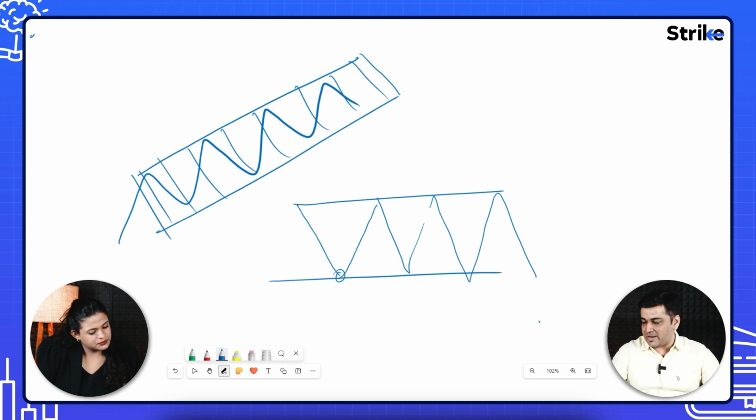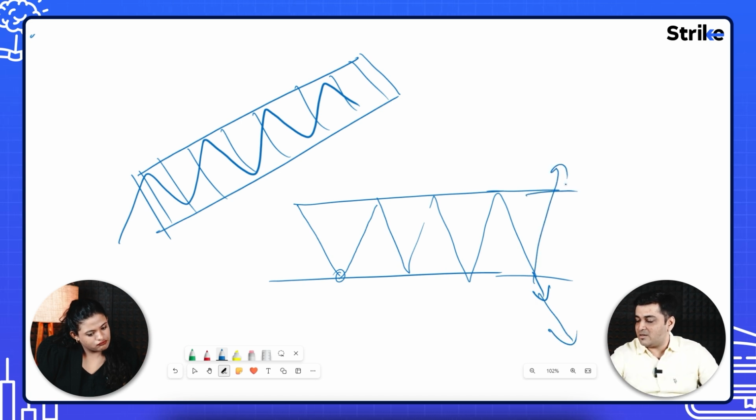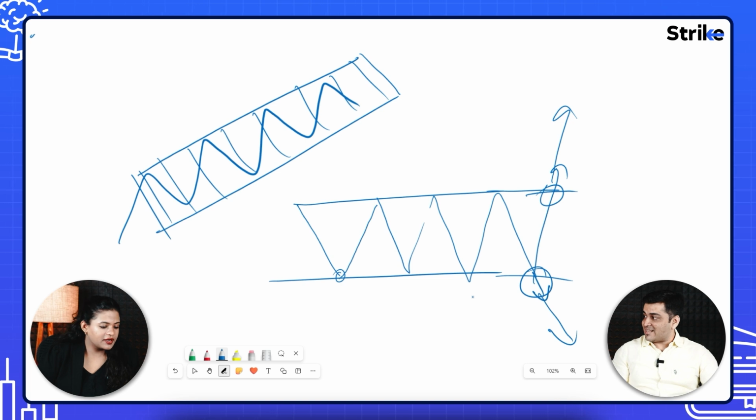And on a breakout of this channel, if it is a downward break, the trader can follow the downward direction. If there is an upward break, you can follow the upward direction. Of course, on a breakout, volumes need to be checked. Correct. Did you understand trend lines and channels?